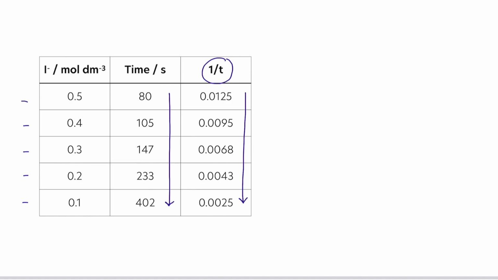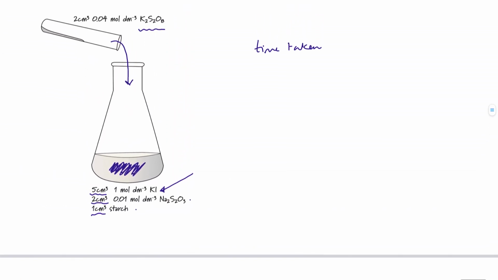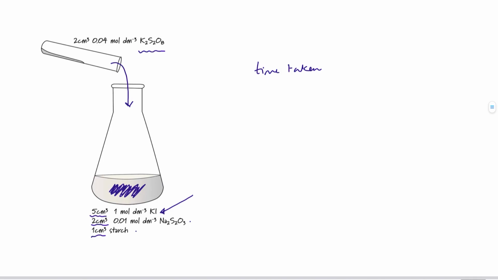Some of you may have noticed that my iodide concentration here I've got down as 0.5 as my strongest, and yet when I was showing you the method, I had an iodide concentration of 1 mole per decimetre cubed. Why the discrepancy?